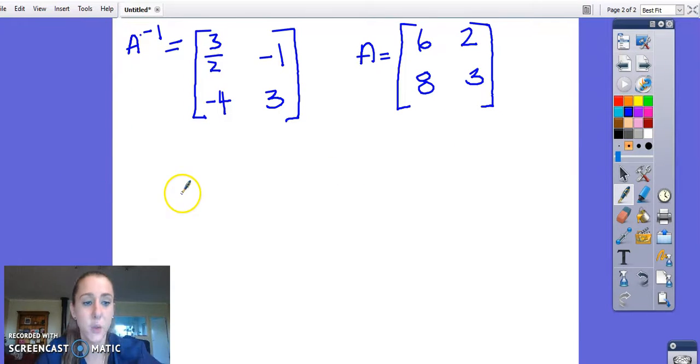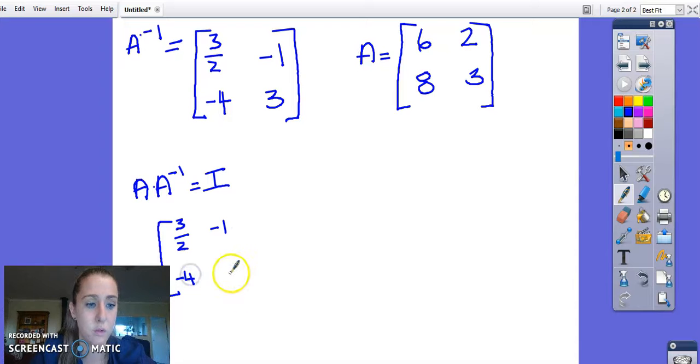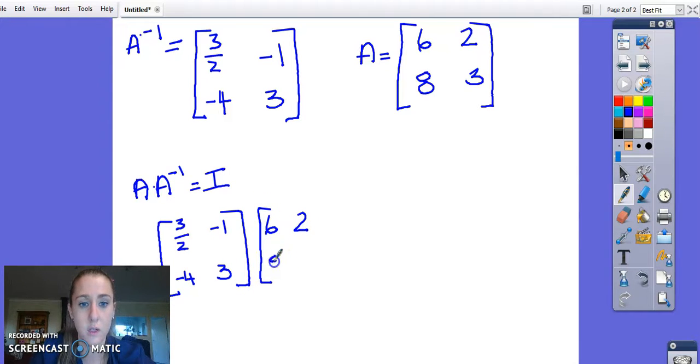If we come back to our original rule, A multiplied by A to the negative 1, the inverse, should give us our identity matrix. So by working through, 3 on 2, negative 1, negative 4, 3, and multiplying that by 6, 2, 8, 3 should give us the identity matrix.